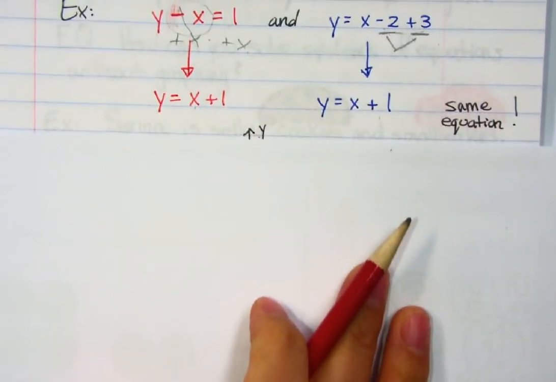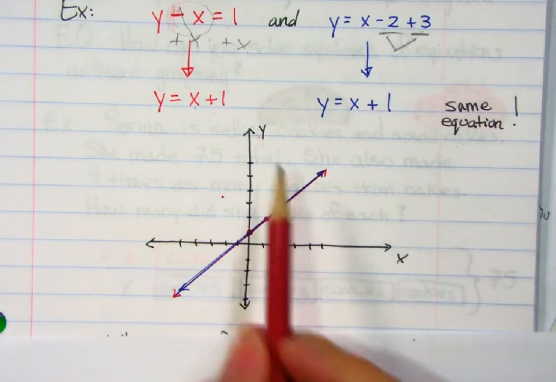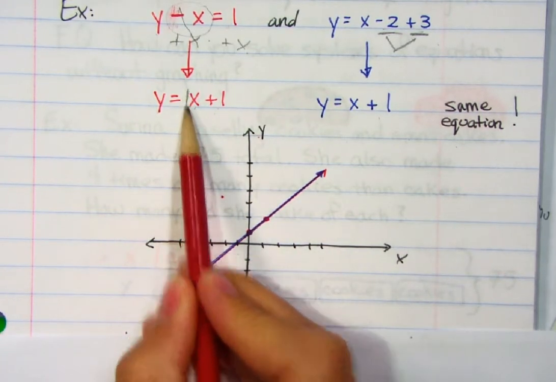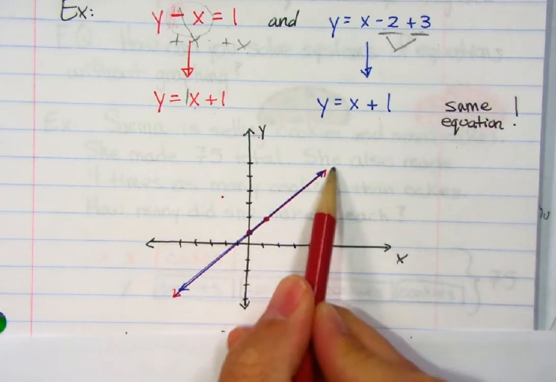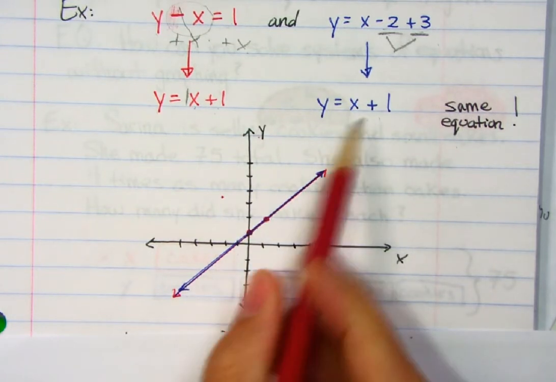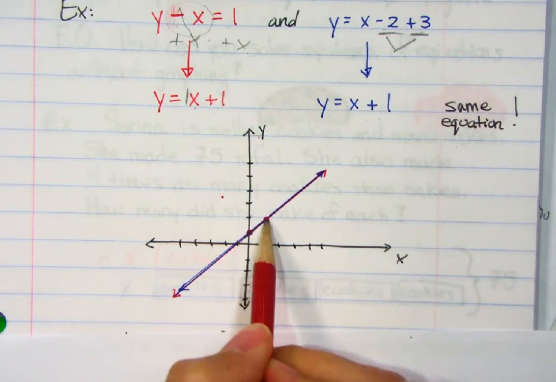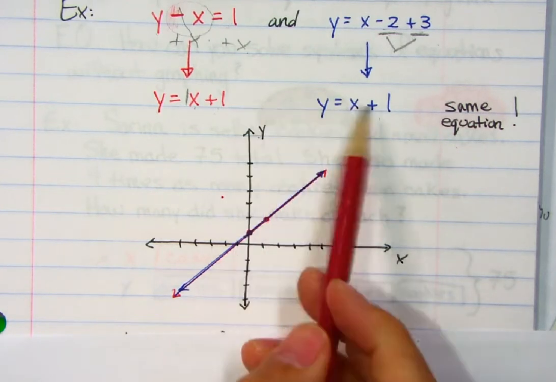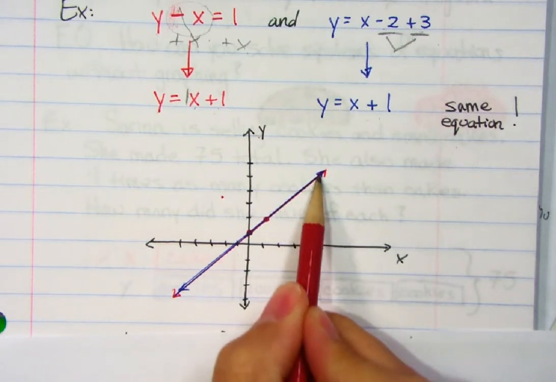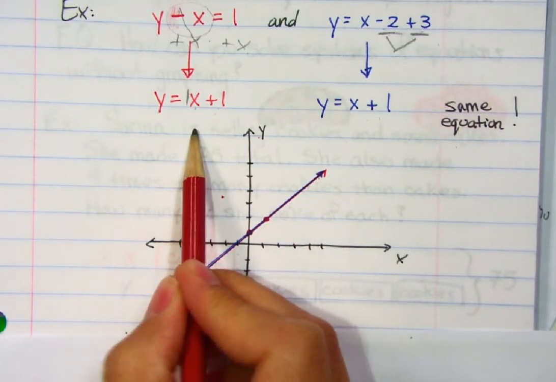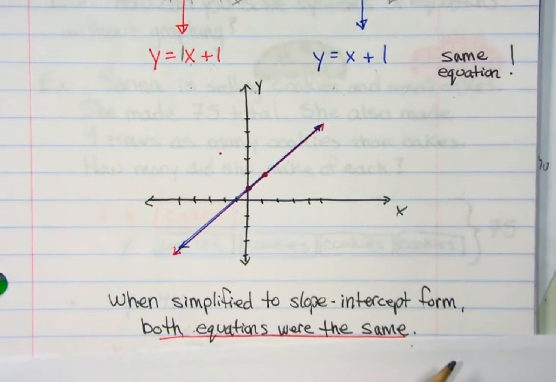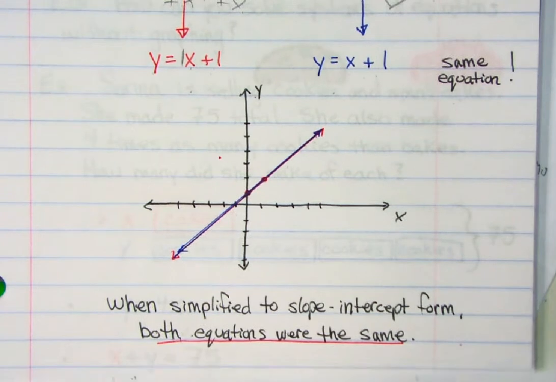If I were to actually graph this information, I begin at 1. My slope, remember that little ninja 1, there's the slope right there. I go up 1 over 1. That's the red line. The blue line is the same. It starts at 1, it goes up 1 over 1, and it's the same line. So when simplified to slope-intercept form, both equations are the same.